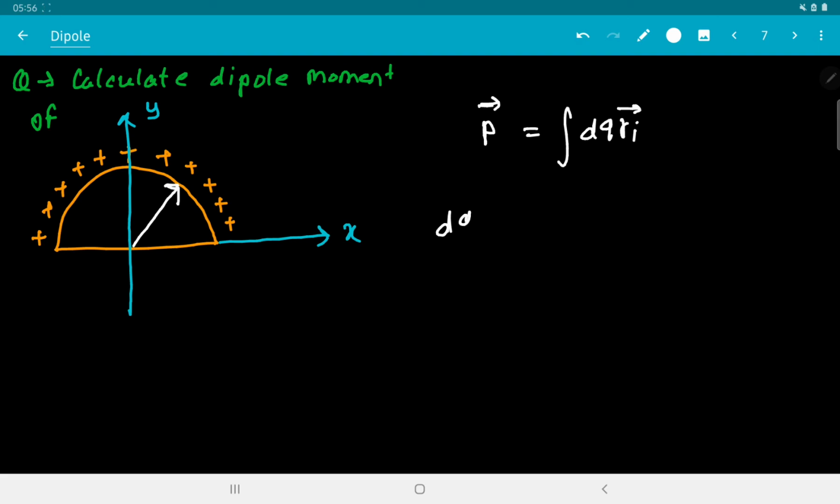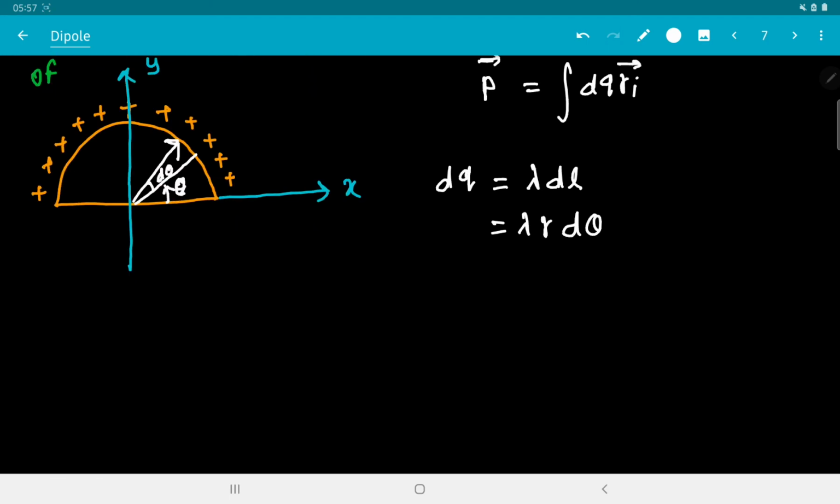Now here dq will be equal to lambda dl, or we can write this as lambda into r d theta, where d theta is the small angle made by the length element. This small angle is d theta, and this we can consider to be our theta.